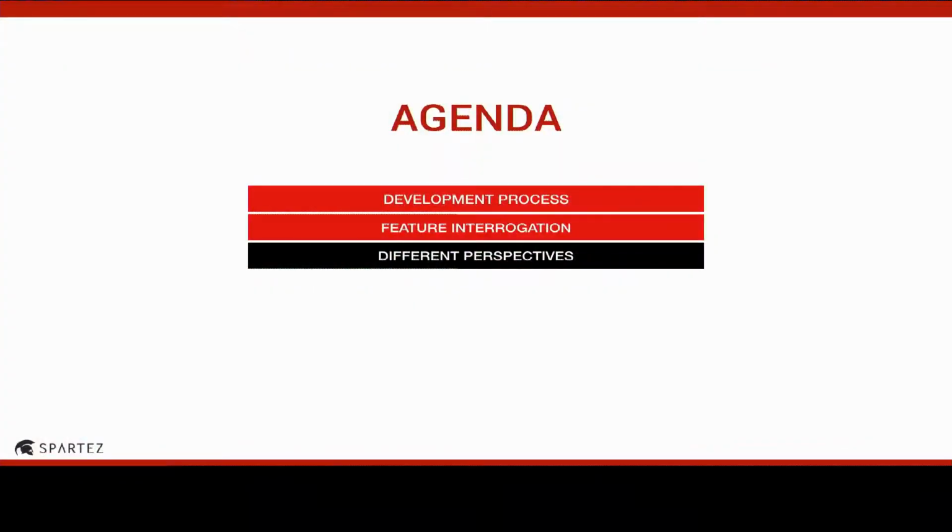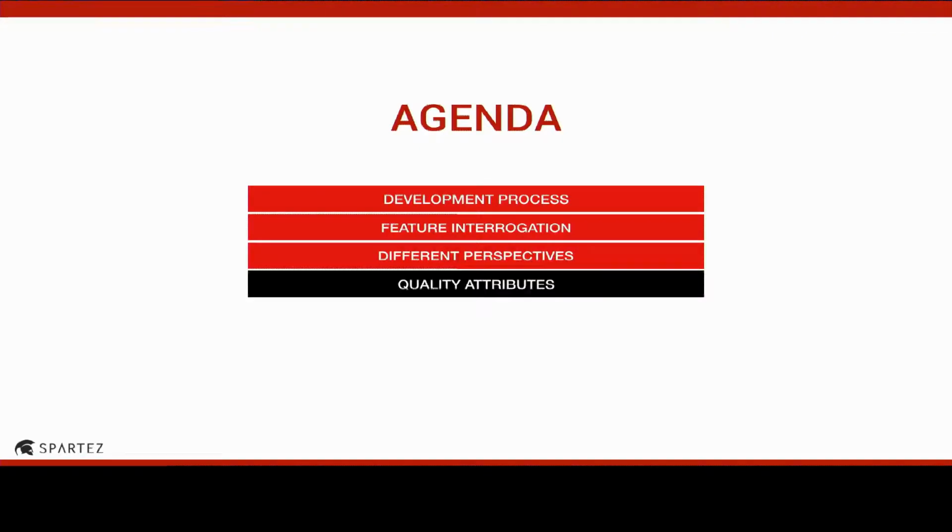The next thing is going to be about perspectives. You are going to use different perspectives, look at the feature that you are going to work on, and try to find problems with that feature, trying to find risks, and avoid potential bugs after the feature is implemented. And we are going to finish with something that we call quality attributes.